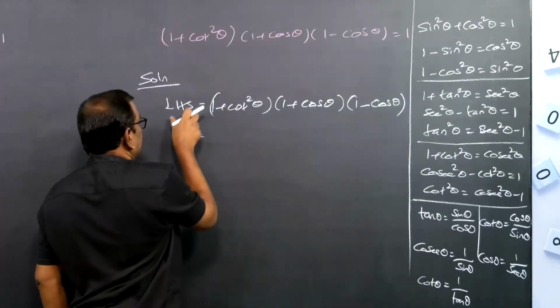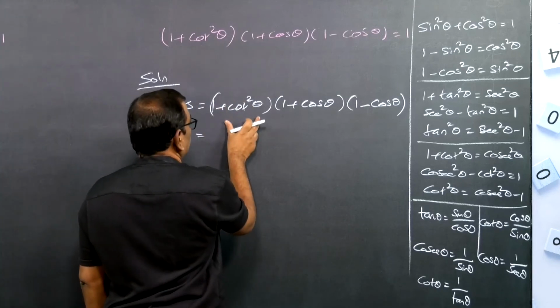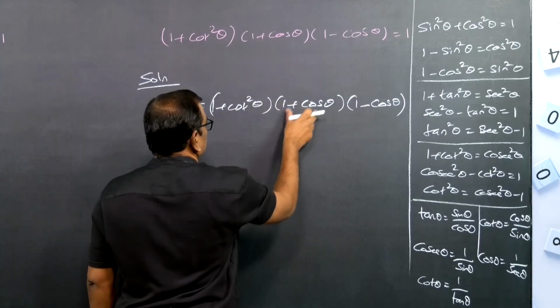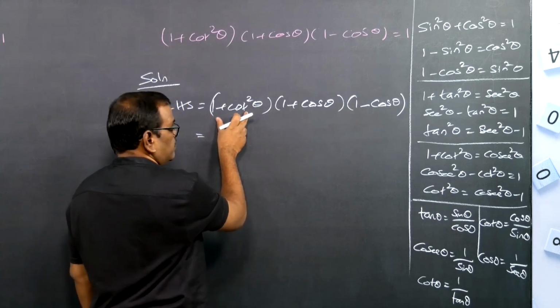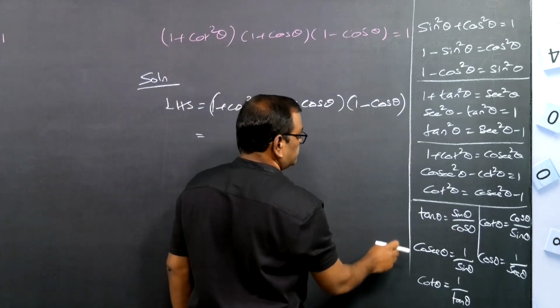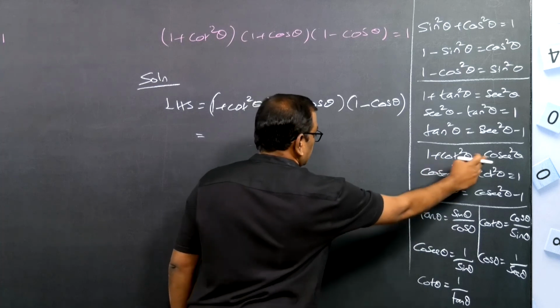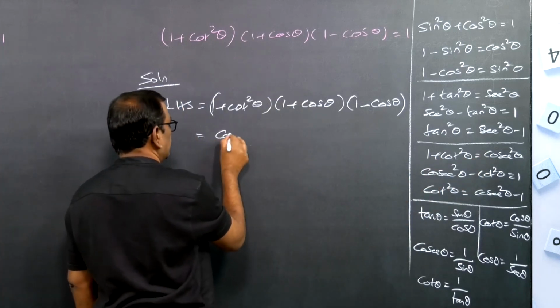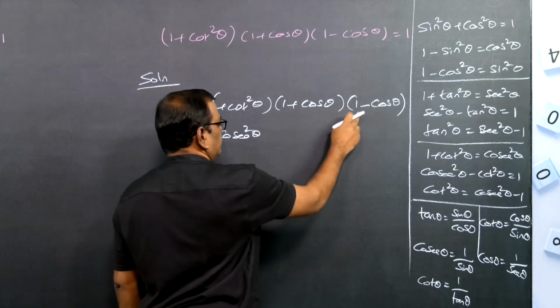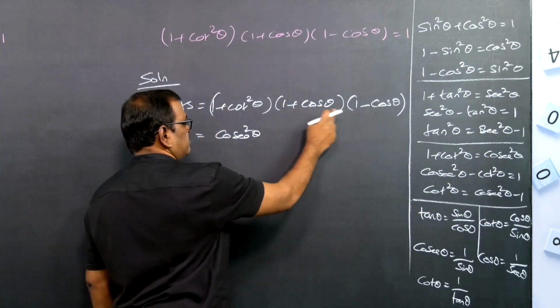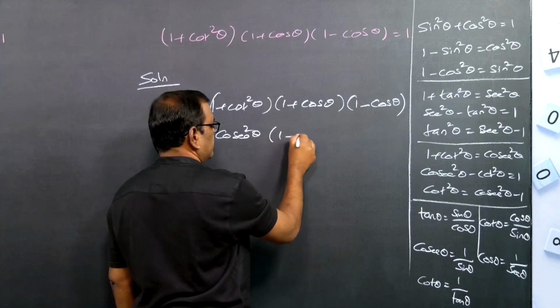LHS equals (1 plus cot square theta) into (1 plus cos theta) into (1 minus cos theta). 1 plus cot square theta equals cosecant square theta, and this is (1 plus cos) into (1 minus cos). This is similar to A plus B into A minus B, A square minus B square.